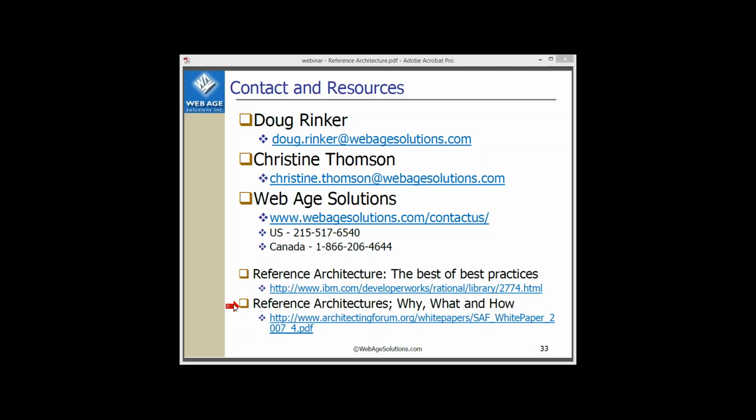And this one is very good as well. It reflects a lot of real-world input from a team of people that got together and talked about what reference architecture is for them, why we do it, what we include, how we make it work. And they distilled all that input from a wide variety of people that used reference architecture in a lot of different ways, and congealed it into one set of what they consider best practice information. So I'd encourage you to go look at those references.